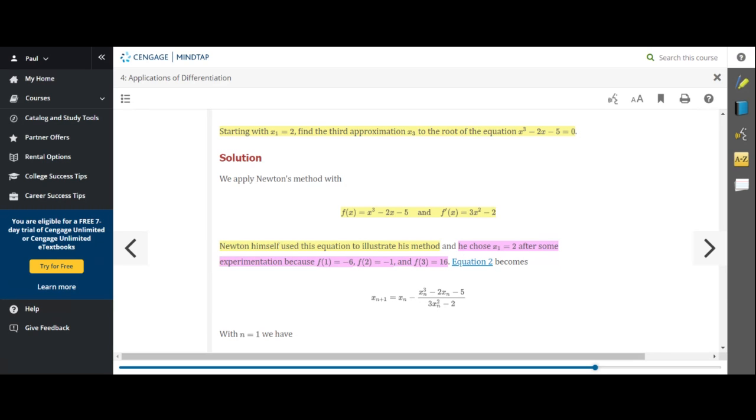But when x equals 3, f of 3 equals 16, which means the function is now above the x-axis. So somewhere between x equals 2 and x equals 3, the function crosses the x-axis. That's why he lets x1 equal 2, because he knew that's a pretty good starting point. Again, you want to pick a good starting point so that Newton's method will succeed and not fail.